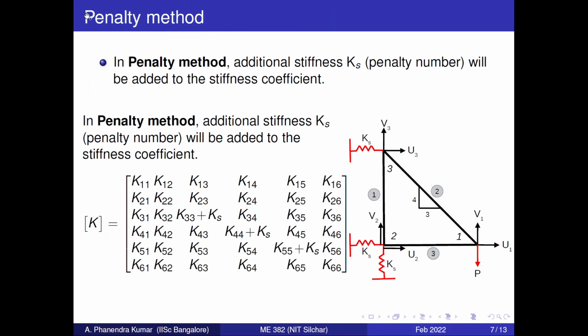Let us see what difference we are going to make in the penalty method. In the penalty method, we will add an additional stiffness Ks, also known as a penalty number, to the individual coefficients of the stiffness matrix. This is the stiffness matrix. For some of the elements, we are going to add the additional penalty number Ks, wherever we have a prescribed displacement.